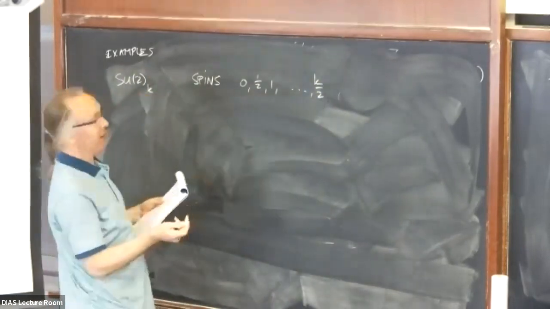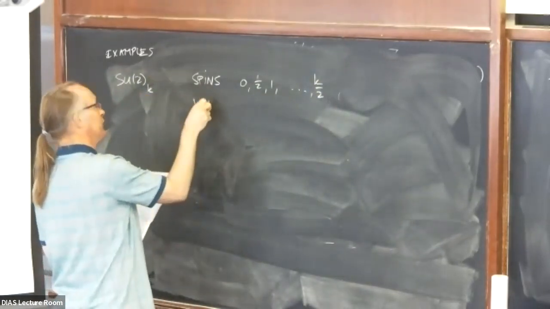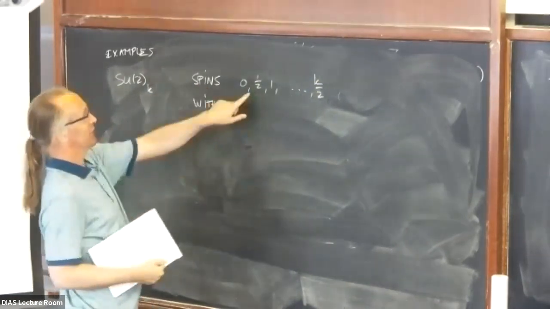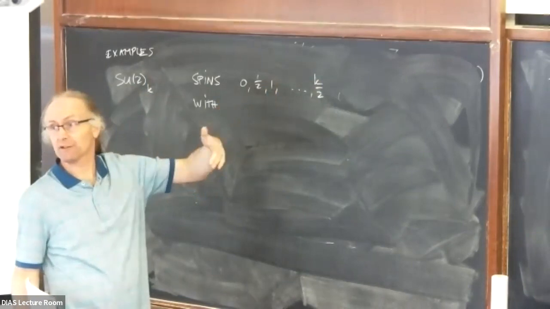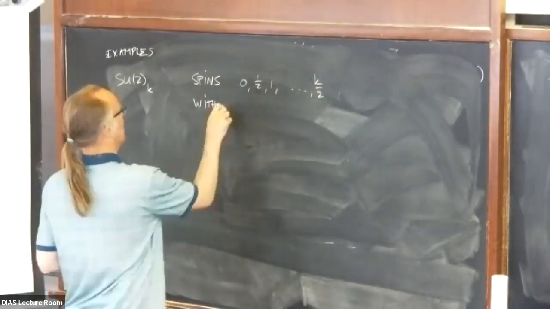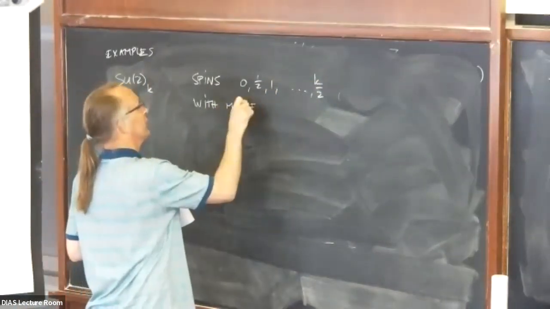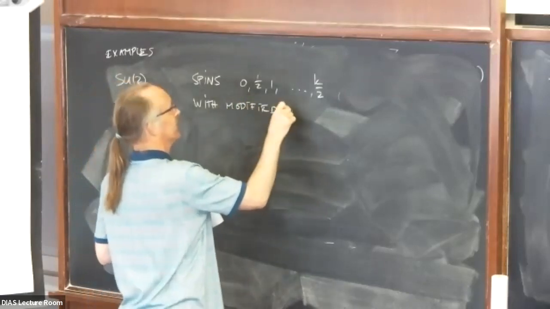Now, of course, because we have only finitely many, we have to modify the fusion, because otherwise, with this 1/2 fusing more and more of them, I could make arbitrarily high spins, and I wouldn't want that. And the modification is kind of nice.